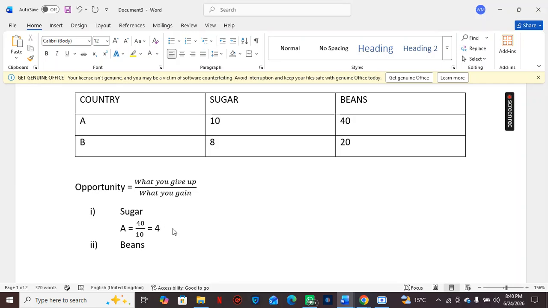This 4 represents the opportunity cost. Basically, to make 1 unit of sugar, country A has to give up 4 units of beans.